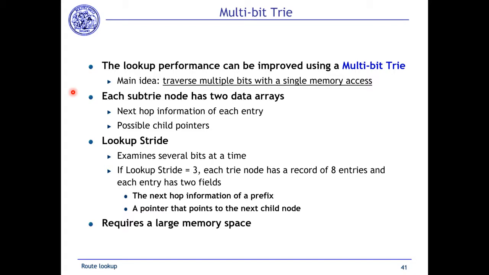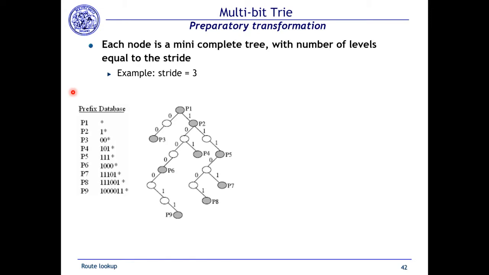So you have first to transform the original graph into a set of small complete subtries, and then map these complete subtries into these nodes. So let's look again, as usual, at an example, because with the example you can understand better.